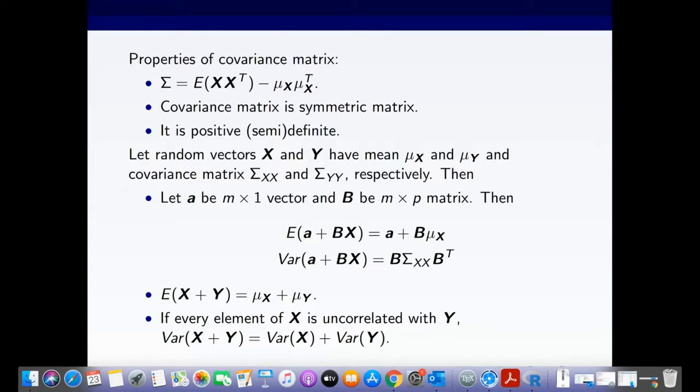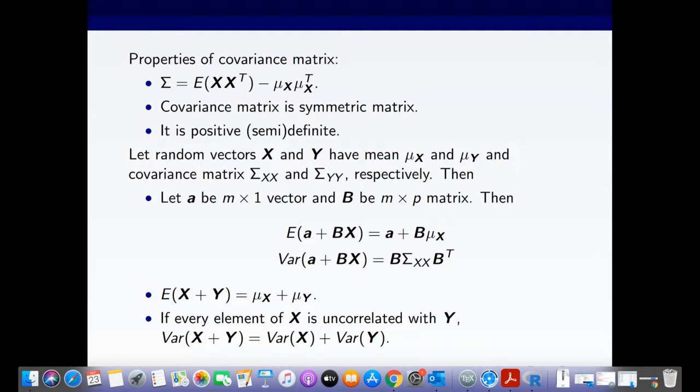If x is not correlated with y, does the usual rule for variance hold, like variance of x plus variance of y plus 2 covariance of x and y? Yes.